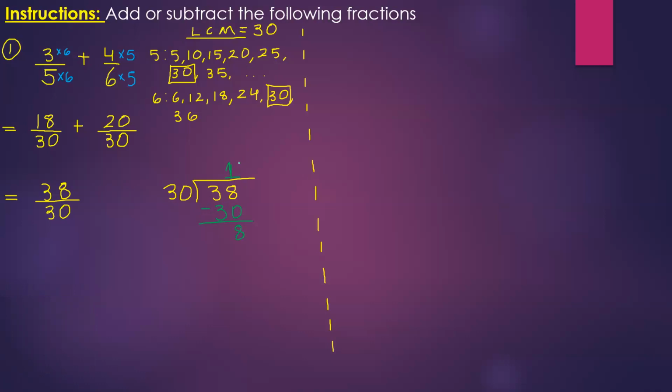So what's our whole number? 1. What's our numerator? 8. And what's our denominator? 30. So it's going to be equal to 1 whole and 8 over 30. Very good.